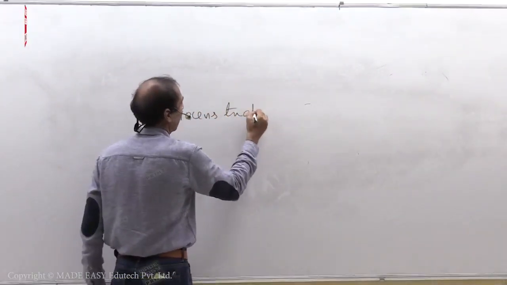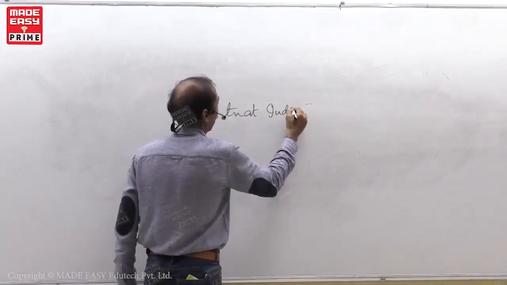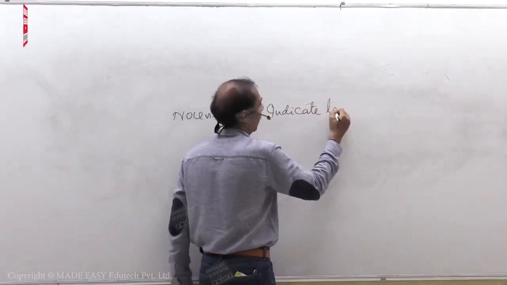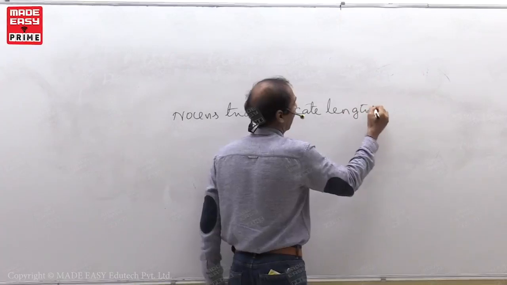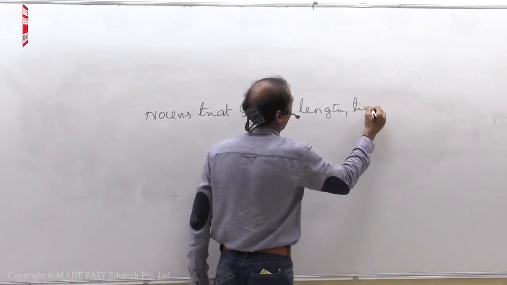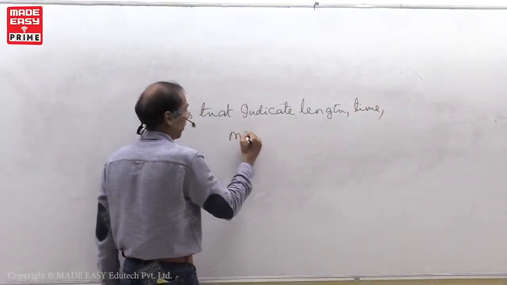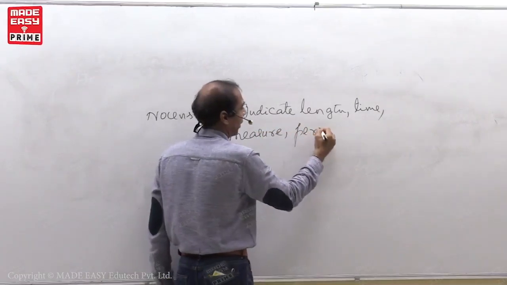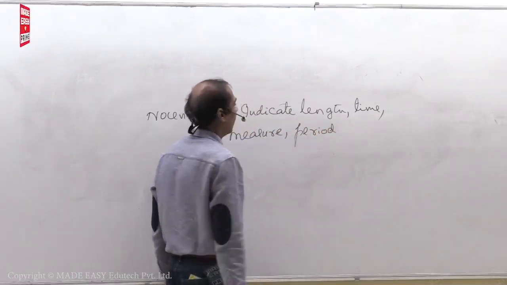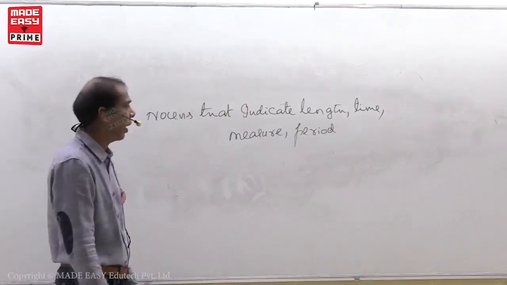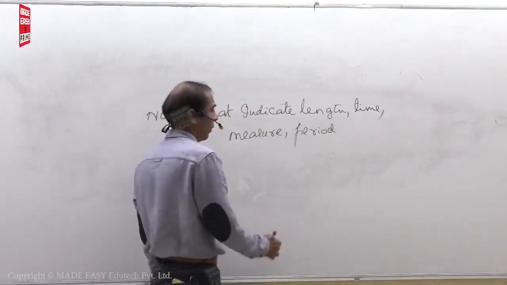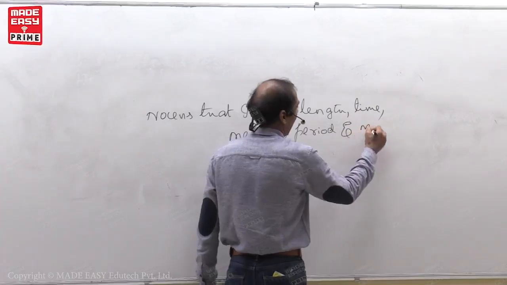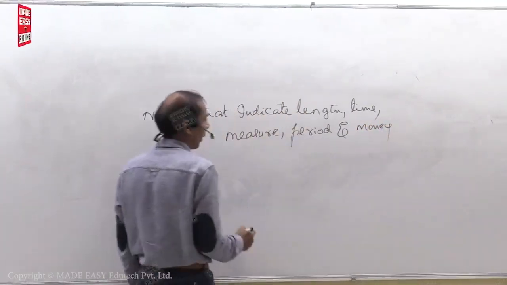Nouns that indicate length, time, measure, period, and money. Okay?